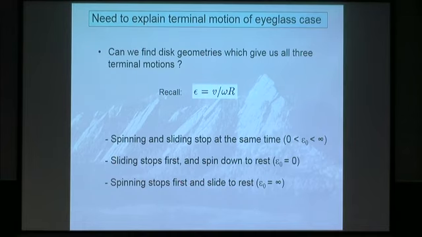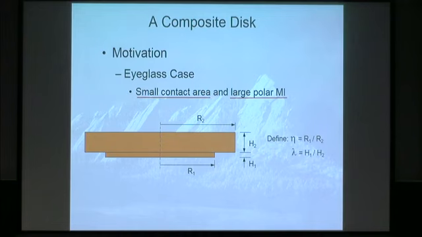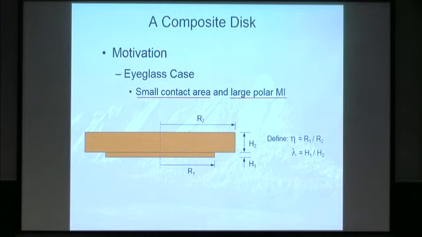So how could we model this in the laboratory? Well, we could make a composite disk. The motivation is the eyeglass case. We want a small area of contact and a large polar moment of inertia. So how do we get that? Well, we can build two-tier disks. So we have a lower disk, and superimposed on top of the same density is a bigger disk, let's say.